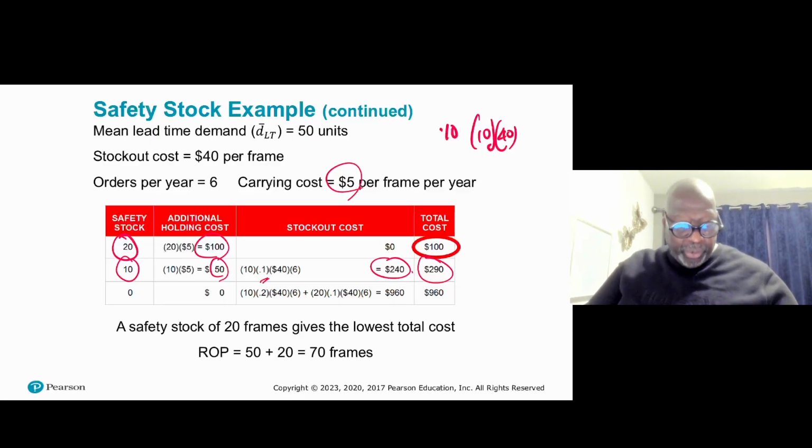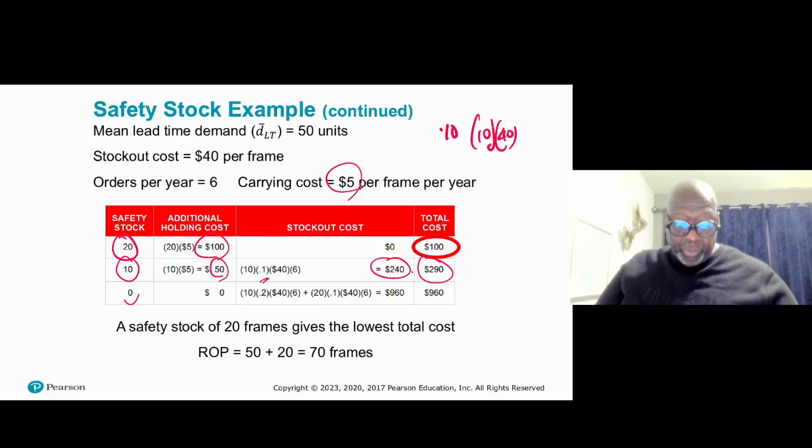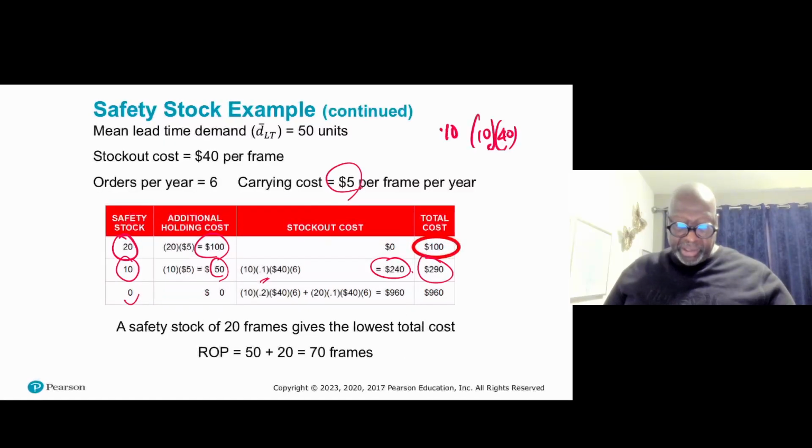And then if we don't carry any safety stock, we could actually end up being short, as we see here. Let's just go back to the diagram. So if the demand is 60, then we'll be 10 units short 20% of the time. If the demand is 70, we'll be 20 units short 10% of the time.